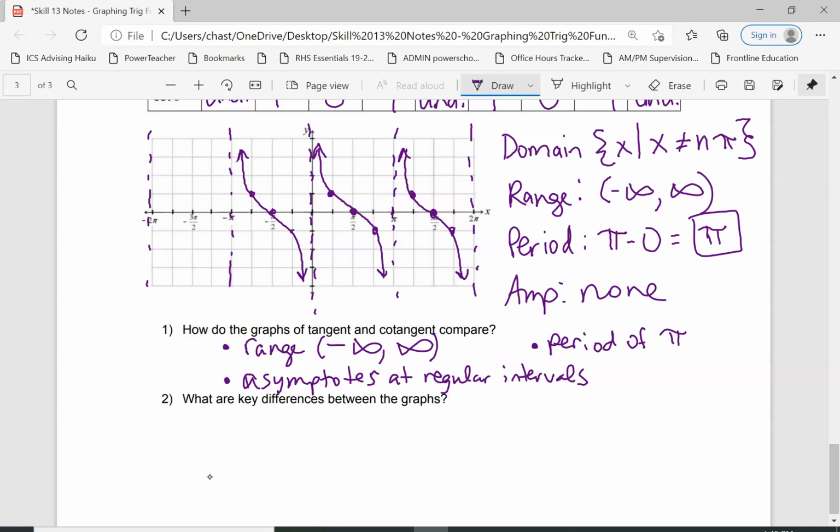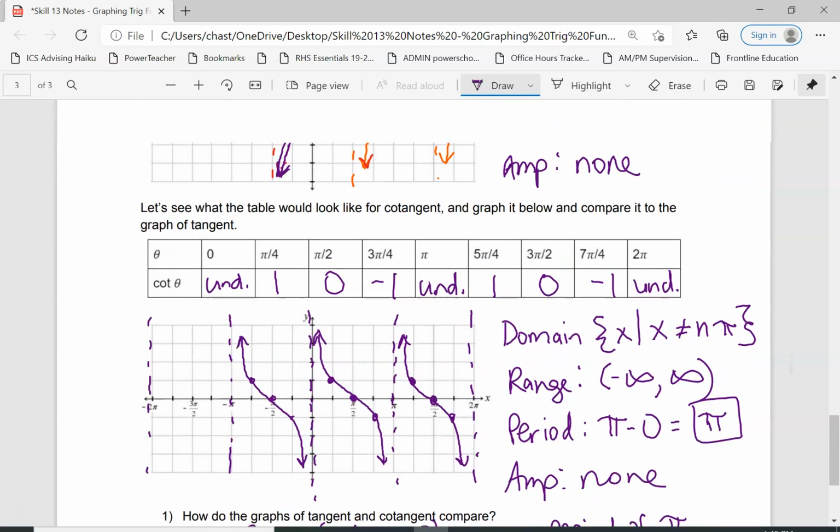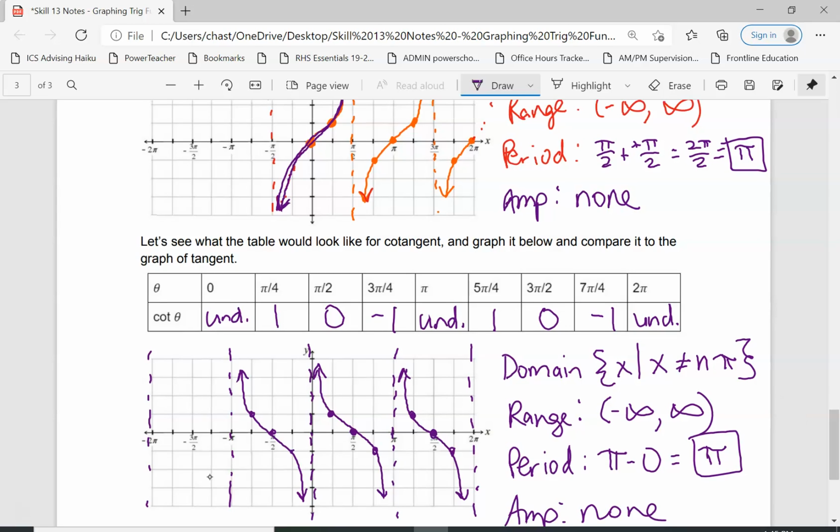What are some key differences? Cotangent has asymptotes at the zeros of tangent. So let me show you what I mean by that. When we look at the graph here, when we have a 0 on tangent, we have an asymptote on cotangent. So here, on tangent, we have pi.